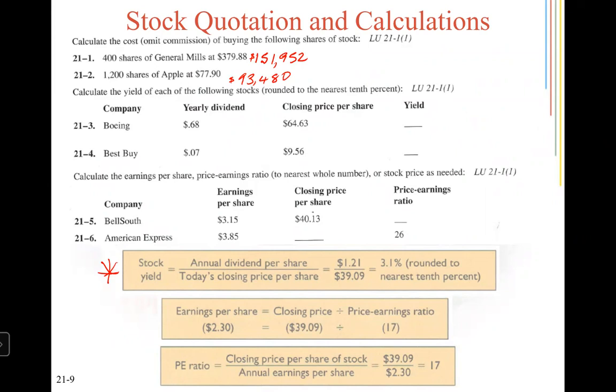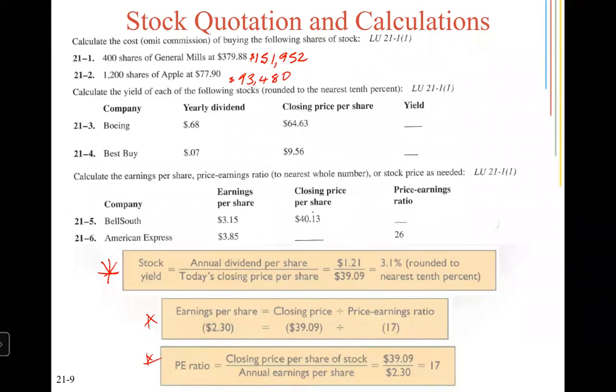Now in the next one, 5 and 6, they want you to calculate the earnings per share, price earning ratio, or stock as needed. So something is missing in 5 and 6. So you're going to use either this here or that to work out what is missing.